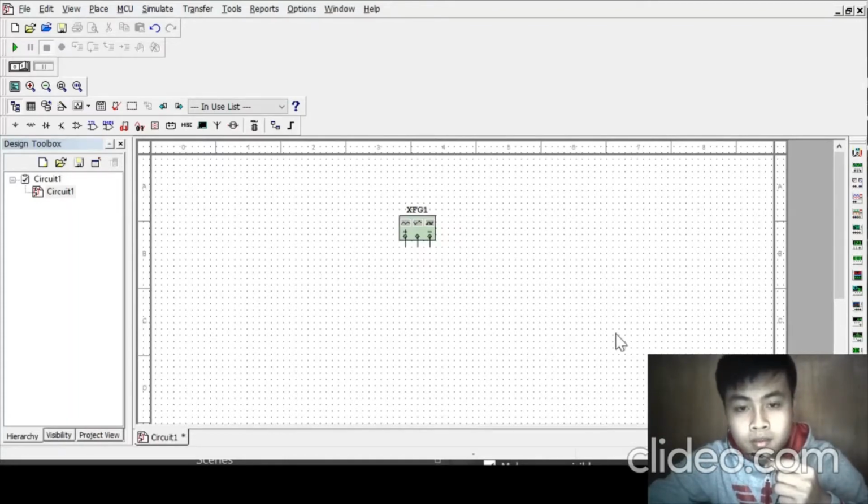This is the sine, square, and also the triangle. If we double click, the display will pop up, and here we can set up the frequency and the amplitude.